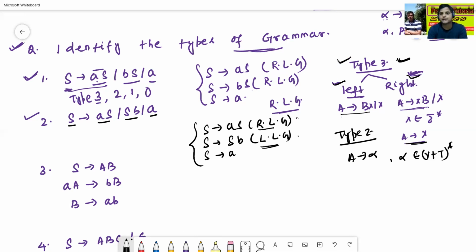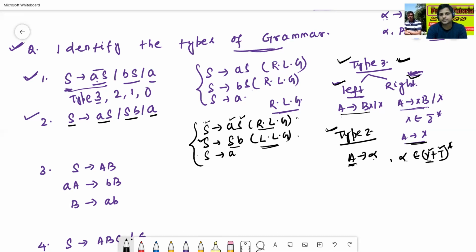Now we'll check for type 2. See here, the left side is one non-terminal, and the right side is a combination of terminal and non-terminal. Now we'll check the second one. The left side is one non-terminal and the right side is again a combination of non-terminal and terminal.